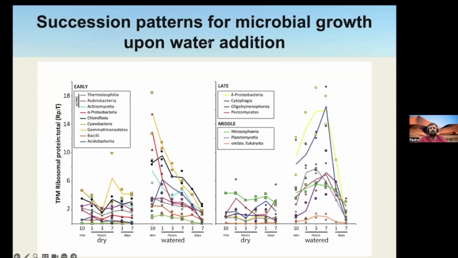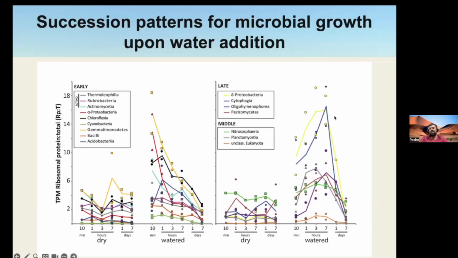Now, I'm not going to go through the graph, but very quickly I just want to highlight that for the early responders, if you look at the taxonomic annotations, many of these are alpha proteobacteria and Cytophagia. These are fast growing, or what you would expect to be fast growing, microorganisms or bacteria, especially the alpha proteobacteria.